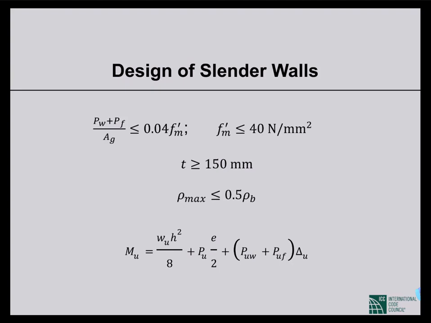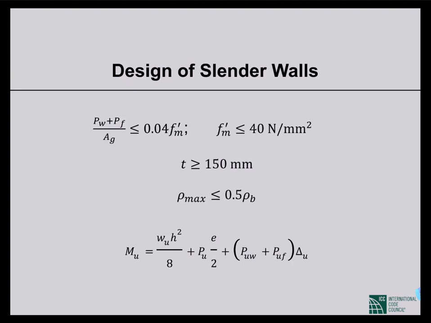So if PW is the load from the wall, so self weight, and PF is the load from the floor, that is live load plus self weight, dead loads of the floor and beams, etc. PW plus PF divided by the gross cross section is less than 4% of FM prime. In that case, we can go for slender wall design, and FM prime cannot be more than 40 megapascal.